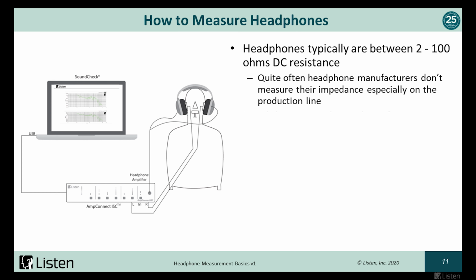So quite often on the production line, impedance is not measured. And the reason for this, I think, is mostly practical. If you've got 2 earphones and 2 microphones to measure the acoustic response, you're going to need 2 reference resistors and 2 more input channels to measure the left and right impedance.